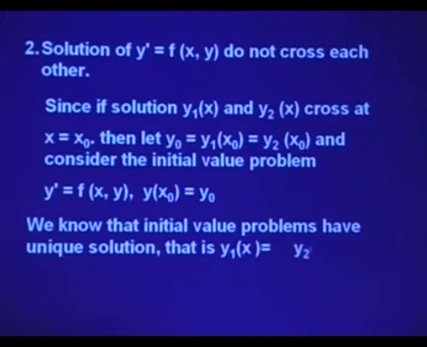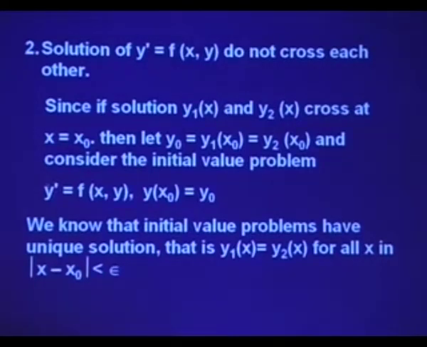Thus y1(x) and y2(x) at x0 are the same. So for all x in a small epsilon neighborhood of x0, y1(x) and y2(x) would match, because an initial value problem has a unique solution.